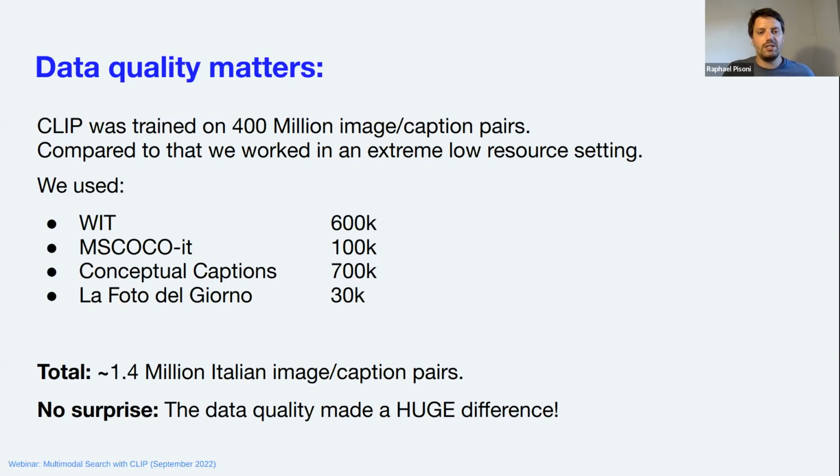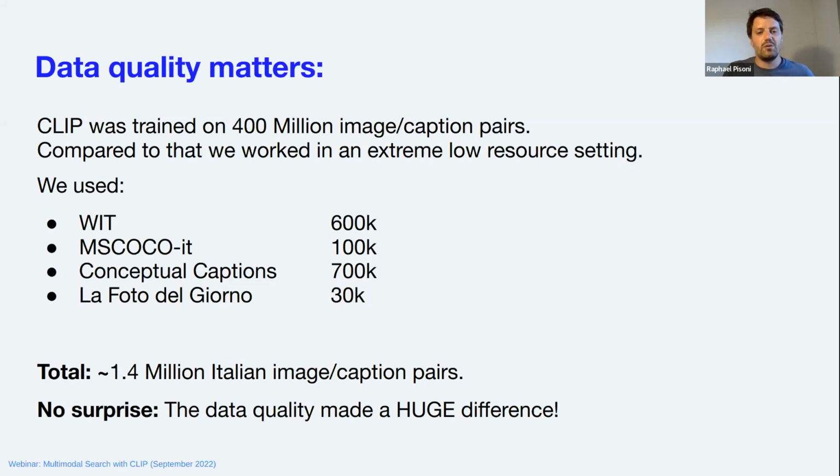And we added a portion of 700,000 image and text pairs from Conceptual Captions that we translated with free DeepL accounts. And we were really grateful to DeepL that they have a free tier. But this actually gave us 700,000 translated Conceptual Captions, and that was super useful and improved the quality of the model again by a large margin.